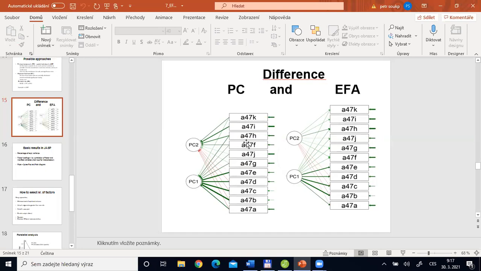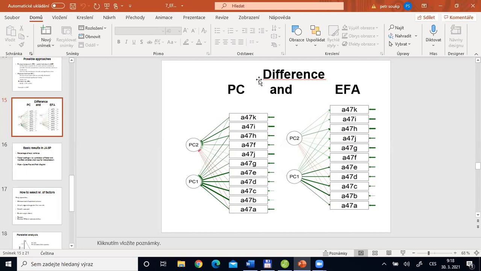You will see after the break, we will perform principal component analysis as well as EFA for the same data, and the substantive results are very close to each other. You have here pictures which are closely related. Only in this picture we expect some relationship between components, here not, but we could change it.